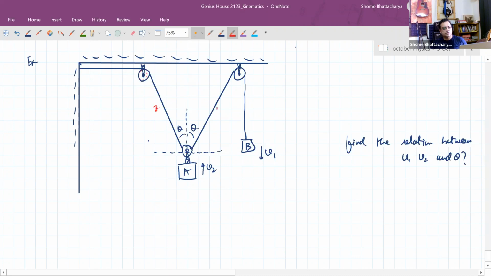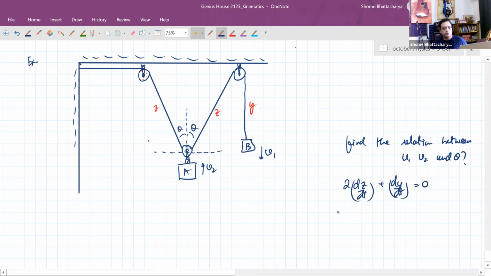So anyway, in this diagram also, if these two are Z and this is Y, you can see that 2 times the rate of change of Z plus the rate of change of Y should be 0 when you conserve the thread length.